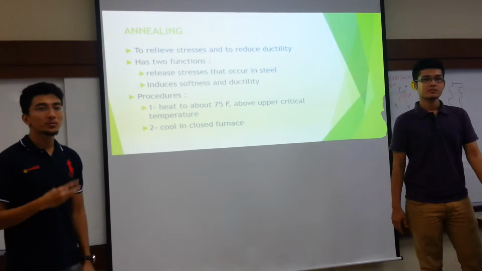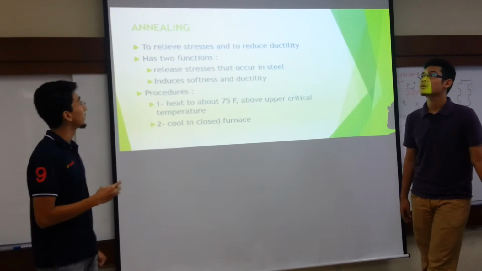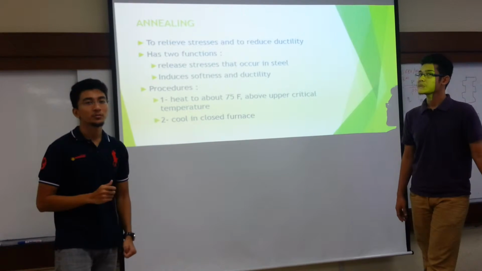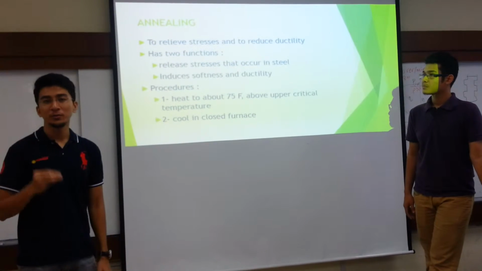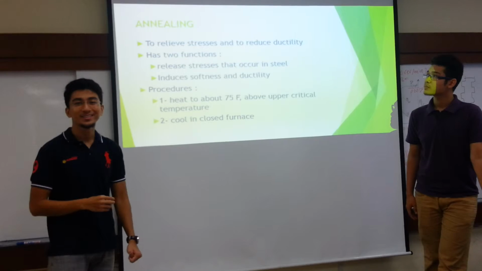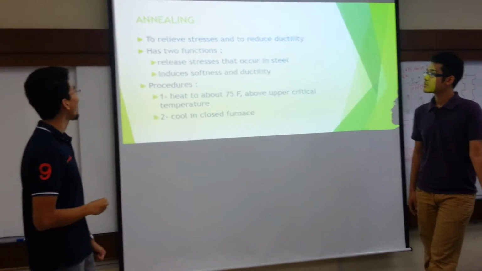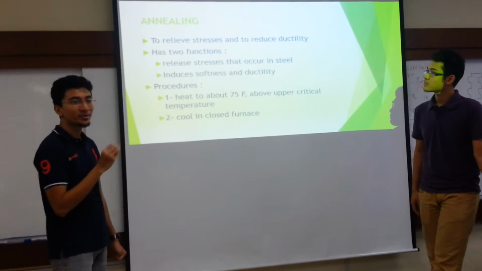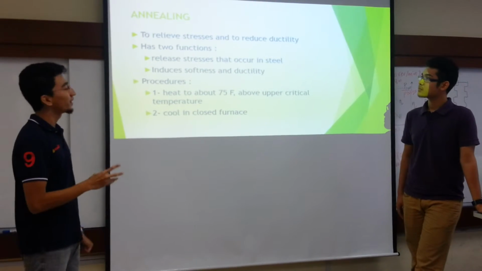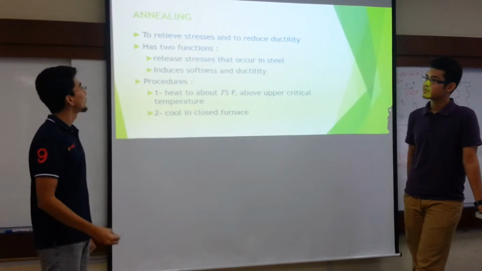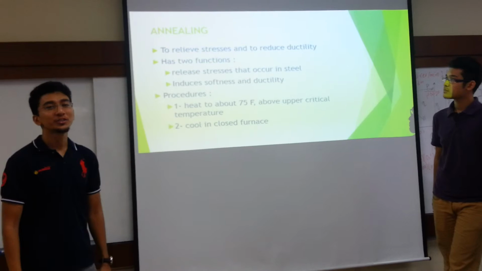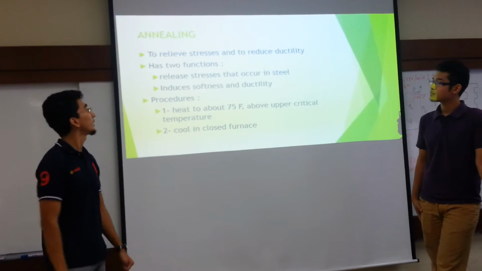So the third process is the annealing process. Do all of you know what the annealing process is? No, right? So I will explain a little bit more about the annealing process. The annealing process is to relieve stress and to increase the ductility of the steel.